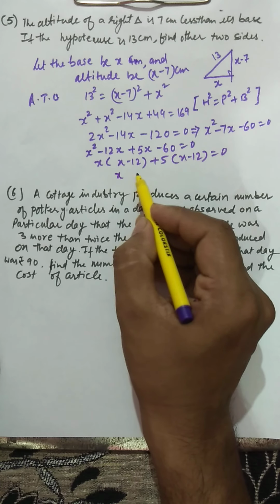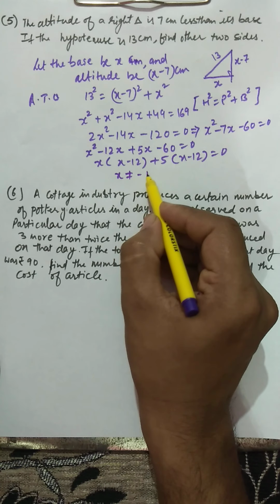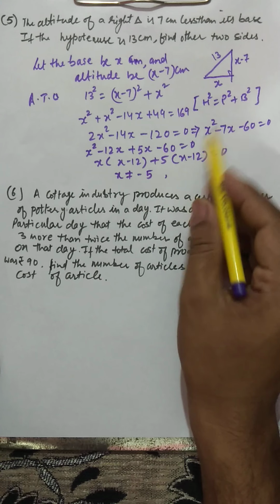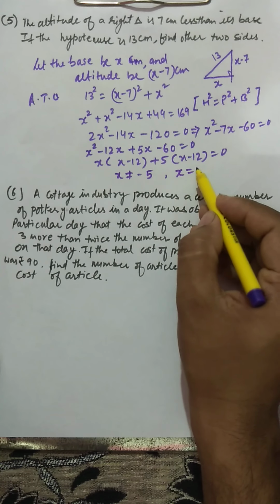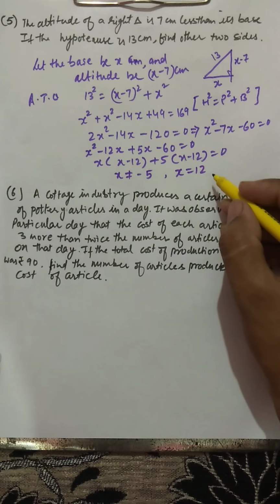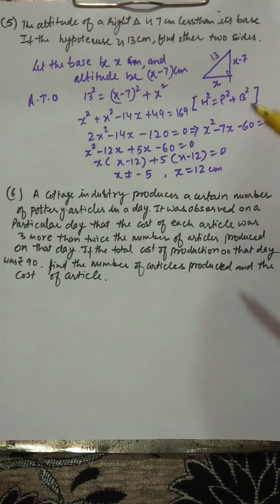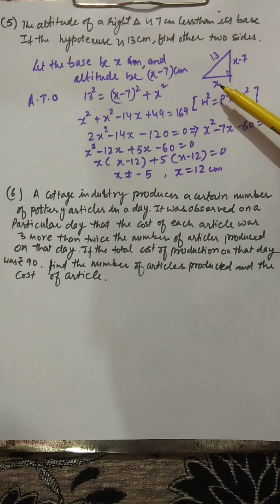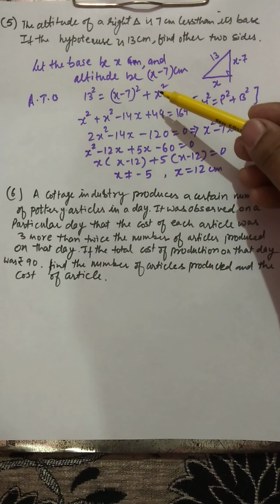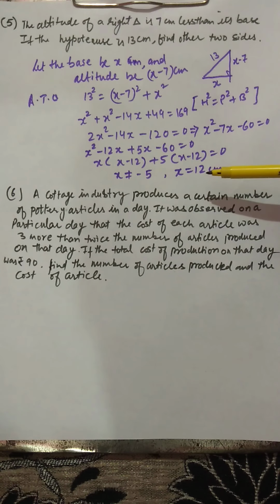So one answer is going to be minus 5, which you cannot accept because length cannot be negative, and the second answer will be 12 centimeter. So you can see one length is 12 and the other will be 5, and you can verify that this Pythagoras theorem is getting satisfied with x equal to 12. So it means this answer is correct.